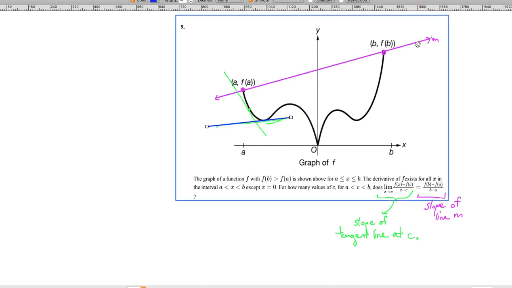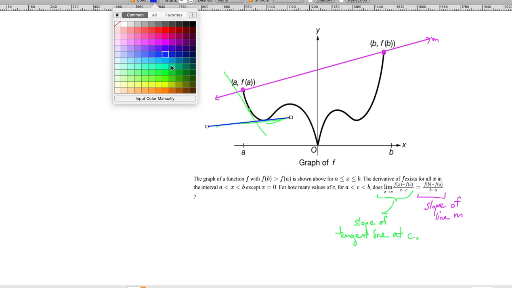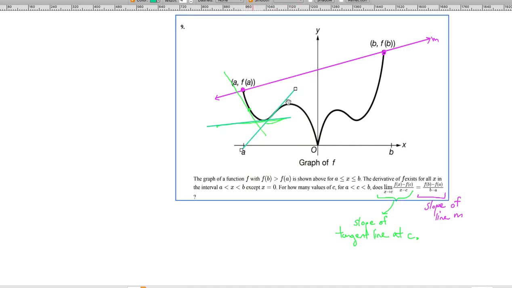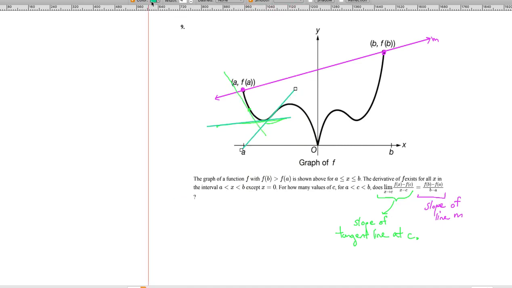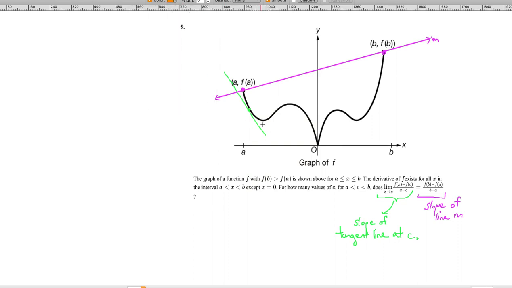It's not as going up as this line M. And then if you have something like this line, that line is too far, is too much up. So if I take out these two and I look carefully at this curve, let's use a pretty color. I like this color.